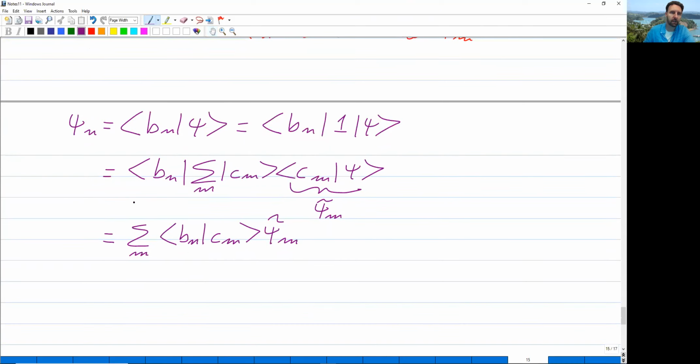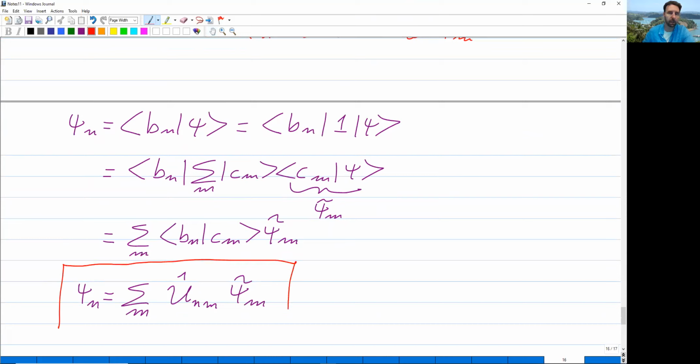So therefore, this is actually equal to the sum over all m of this U hat change of basis matrix and its matrix elements n and m acting on the psi tilde m. Let me just spell out what we have on the left-hand side. We have this, and therefore we have now found the relationship between the coefficients of a vector in the B basis and the coefficients of the same vector in the C basis.